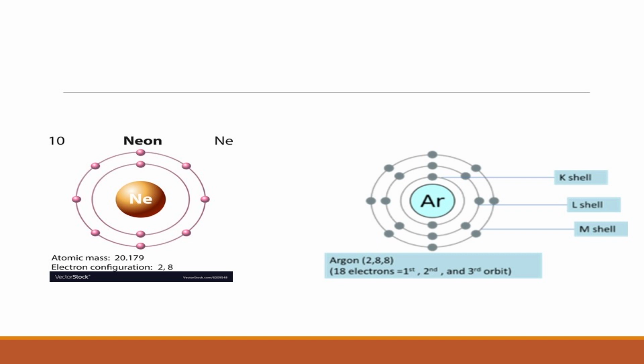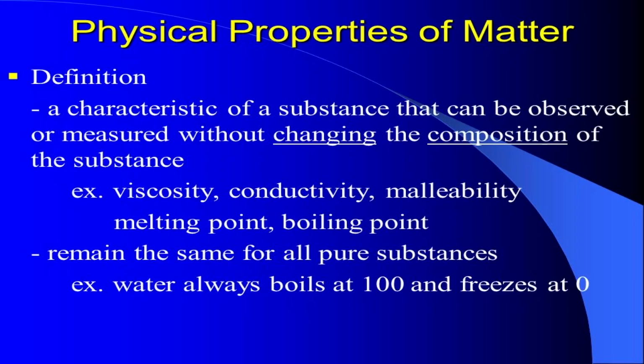Though elements in the group have similar valence shell configuration, they also have similar chemical properties. You know that metals have both physical and chemical properties. What is physical property? Physical property means the elements can be observed without changing the identity of the substance.